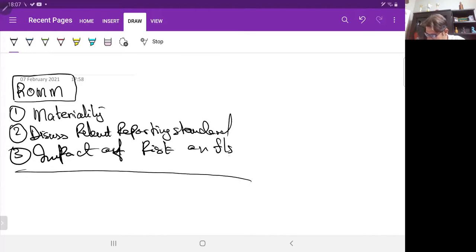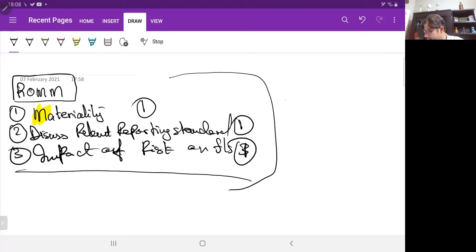So simply: materiality, you will get 1 mark. Discussing the accounting standard, you will get 1 mark. Three, impact of risk on financial statements, 1 mark.